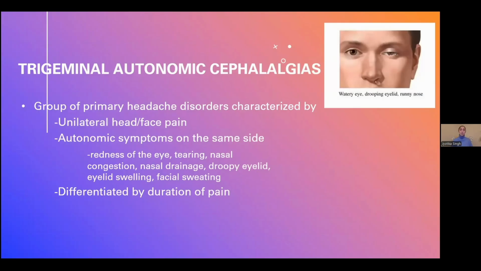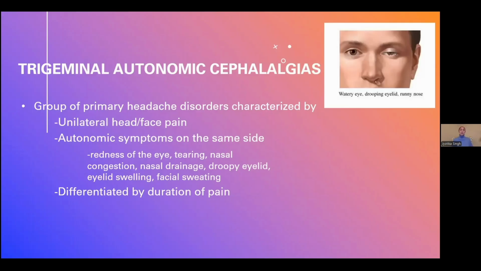But they're a group of primary headache disorders. Primary headaches are the headaches that kind of come on out of nowhere, like migraine. They're not due to a secondary thing like a tumor or a stroke or head trauma. They kind of just come about.